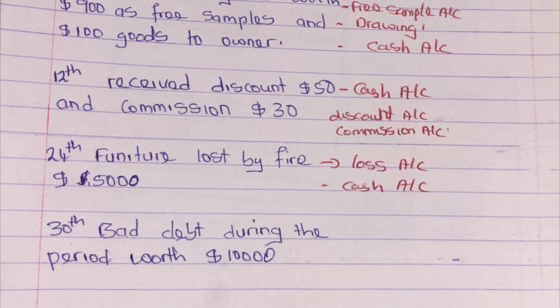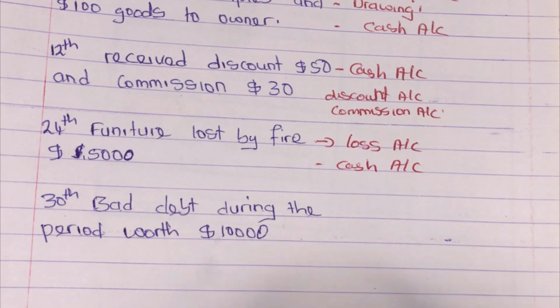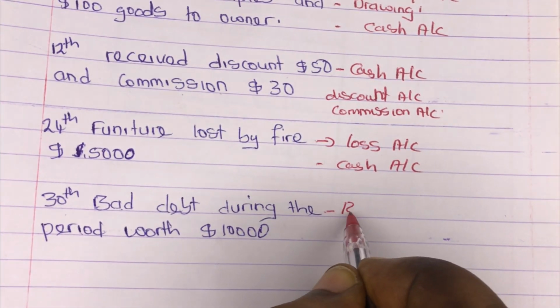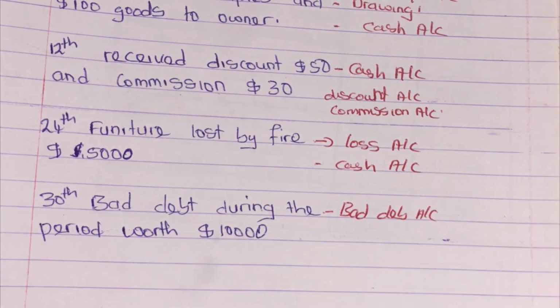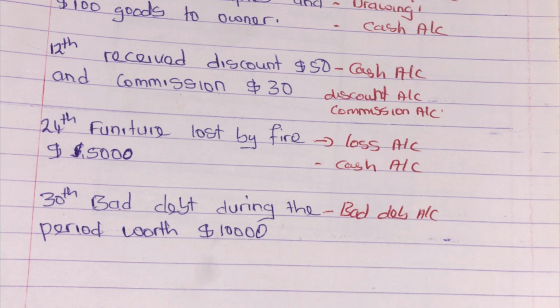So the first account in this transaction is the bad debt account. Remember when the customer took the goods on credit, it was recorded in the account receivable ledgers as a debit balance or a debit entry.